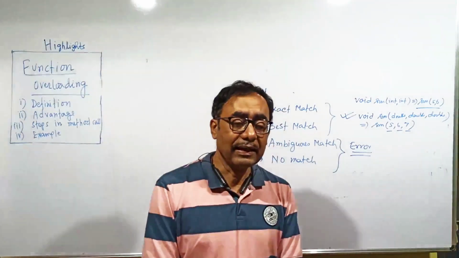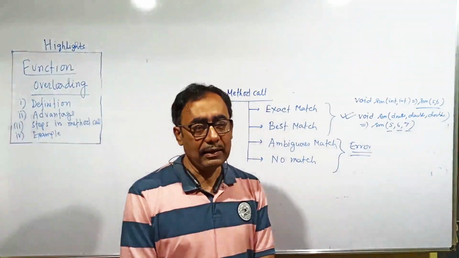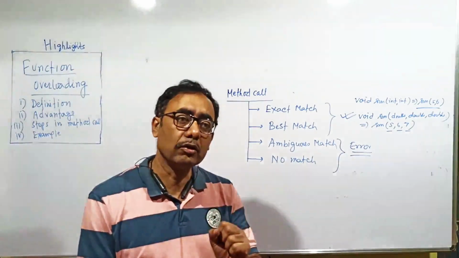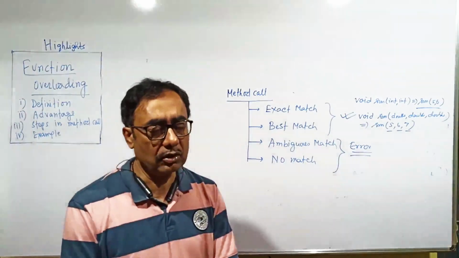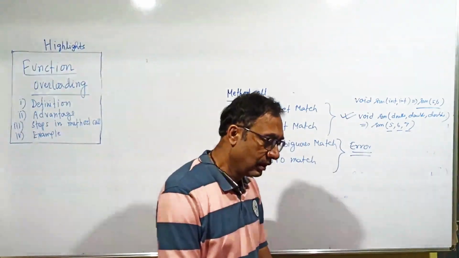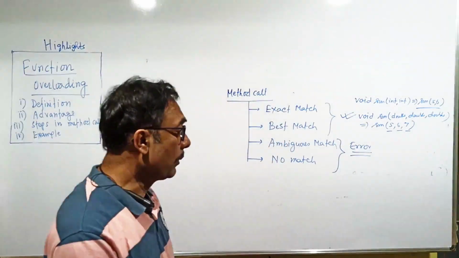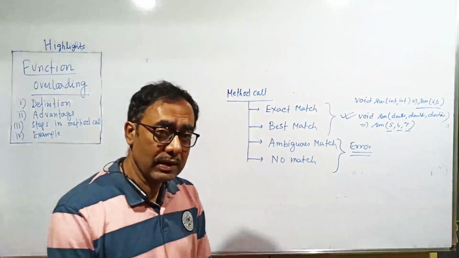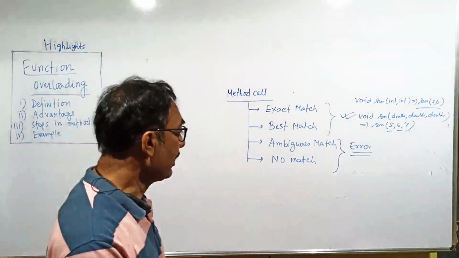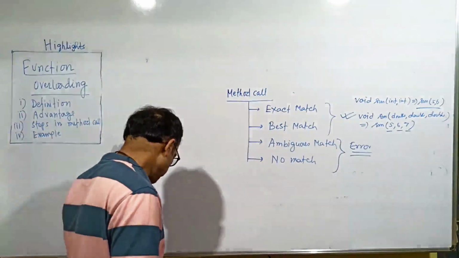That means in case of ambiguous match, the compiler cannot decide which method is going to be executed, and hence it gives an error. So in case of ambiguous match, we find no result and we get a compiler generated error. I'll give an example of ambiguous match.